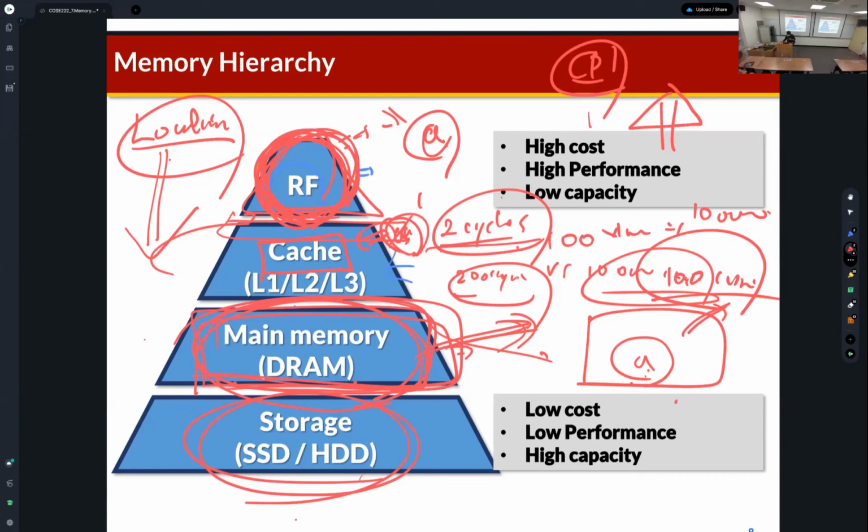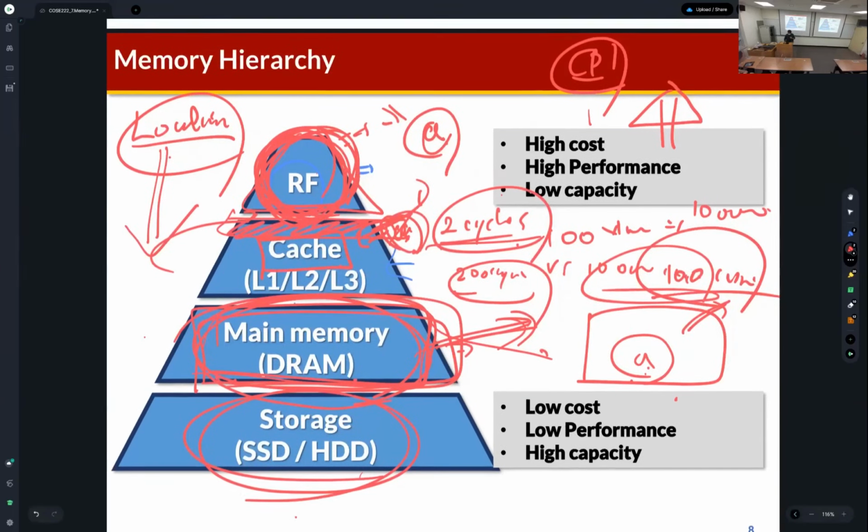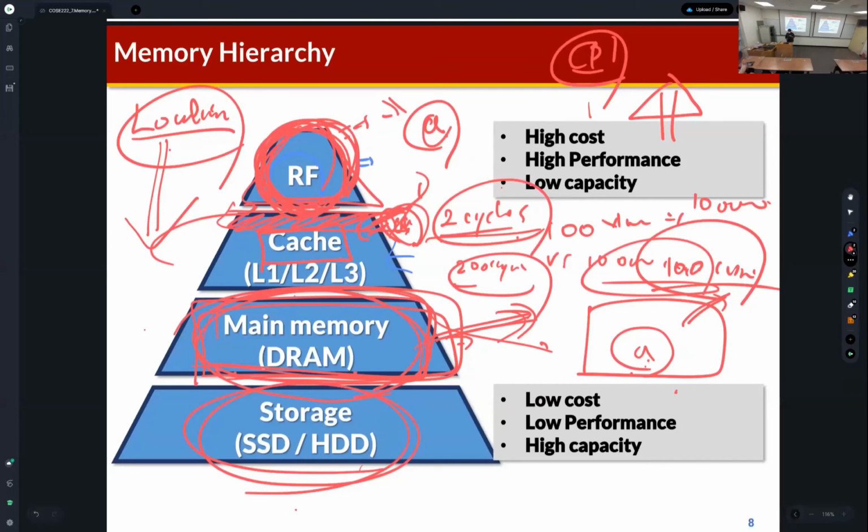If we store the frequently used data in this higher level memory, we can reduce the required clock cycles for loading this data. That is the idea of memory hierarchy, right? This is a very good idea for the computer system.